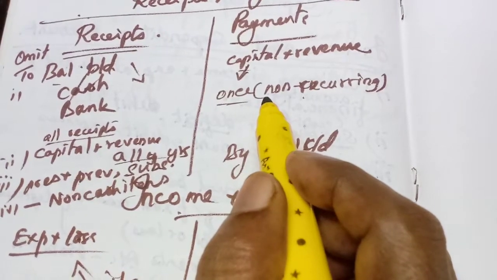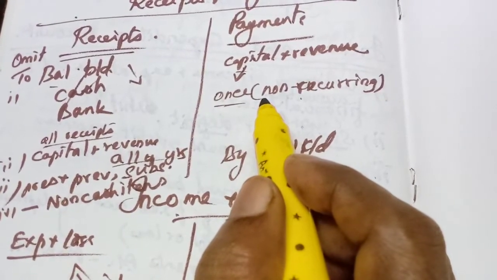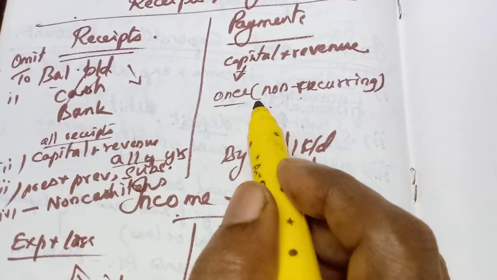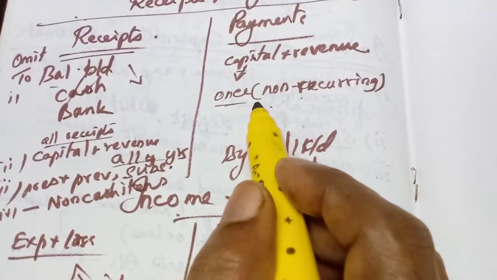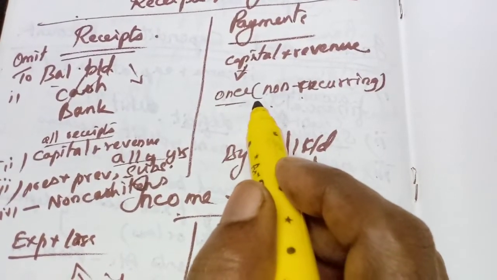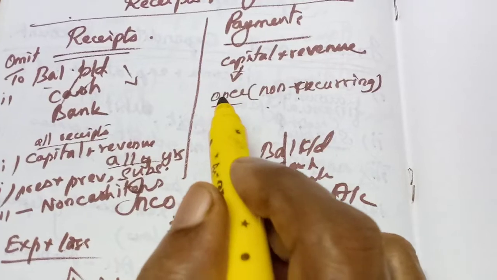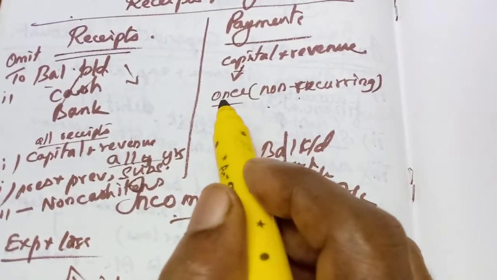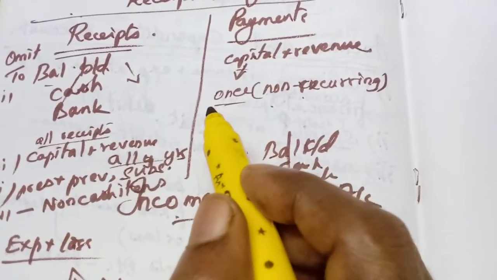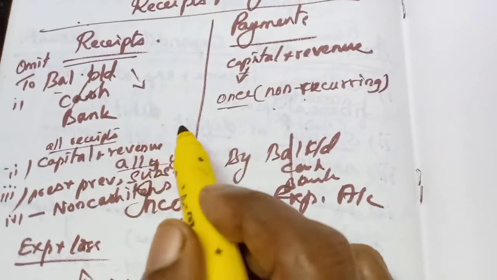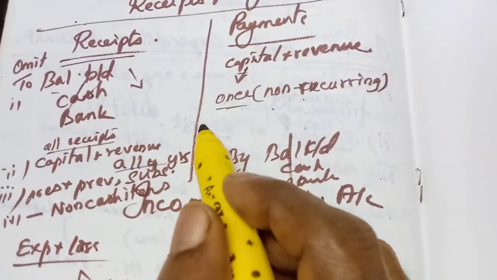In that library, if this expenditure occurs again and again, or only once and is durable for 5 years, then we can take it as a capital expenditure. Or if it occurs every month or yearly, then we include it in the revenue nature.